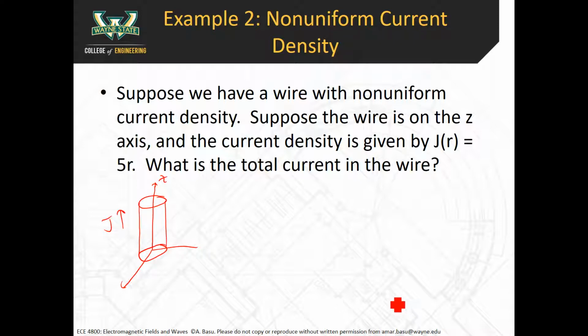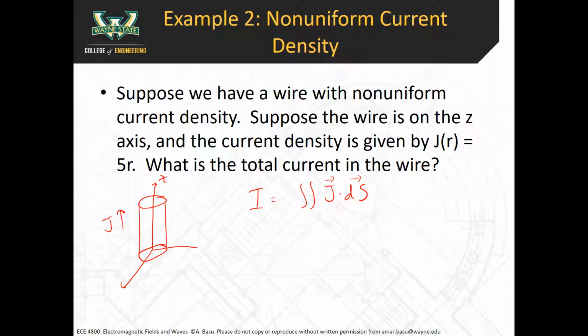So this is an example where you have to use I is equal to the integral of J dot ds. So I'd like you to just see if you can figure out what ds is, what J is, and see if you can do the integral and figure out the total current. So I'll give you a minute to try that. When you're approaching these problems, remember, write down what ds is. It's a vector quantity. Write down what J is. It's a vector quantity.